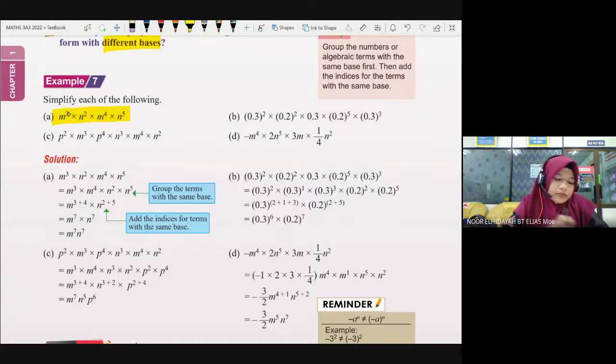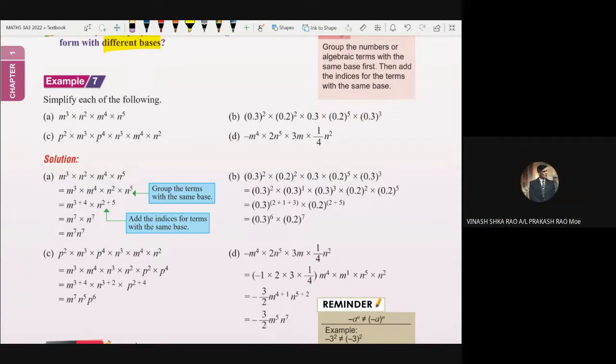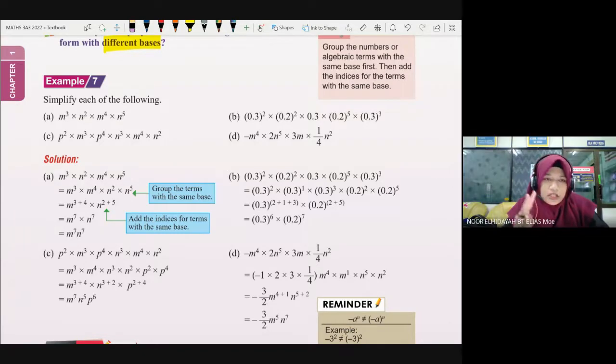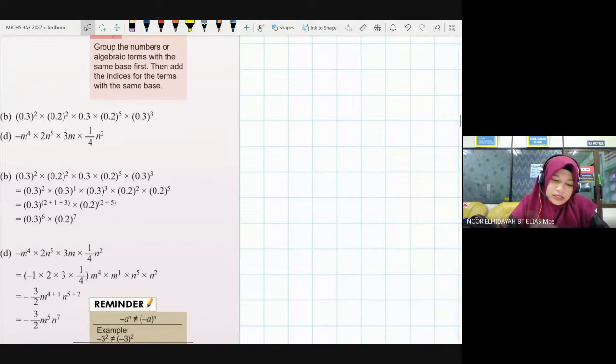Now ada berapa base sekarang ni? Ada 2. Means that different term, ataupun yang awak dah belajar algebraic tu lah. Sekarang ada unknowns M and N. So dia ada different. So macam mana awak nak buat ni? Cikgu salin supaya nampak susunan dia.